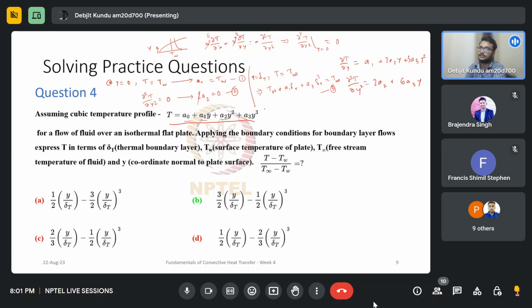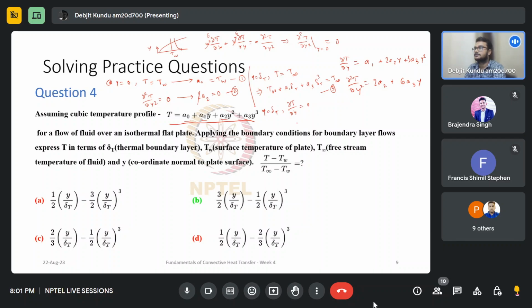I also know that at y equal to delta t, ∂T/∂y is 0. So the gradient of temperature becomes 0 at the edge of the boundary layer.